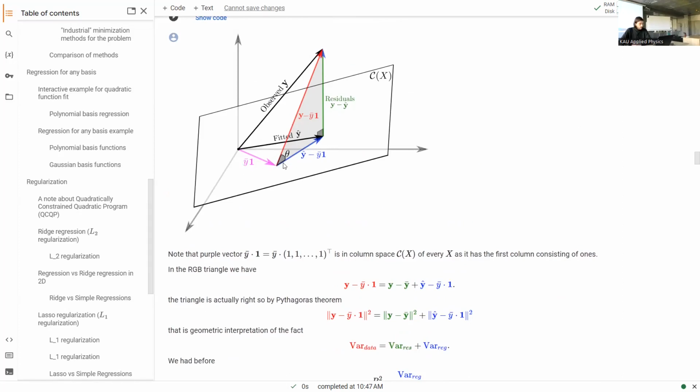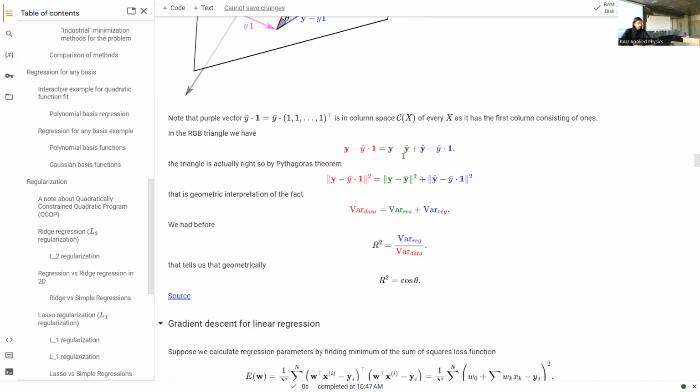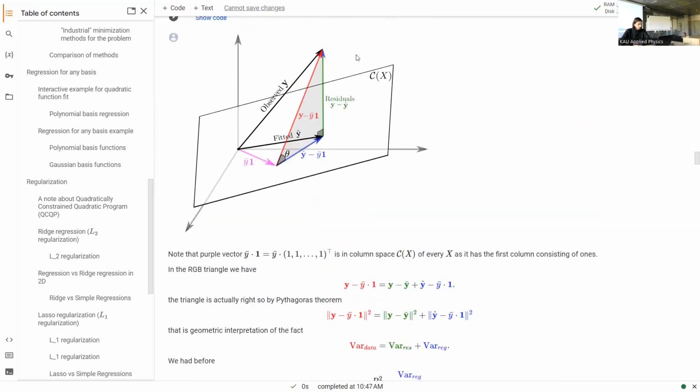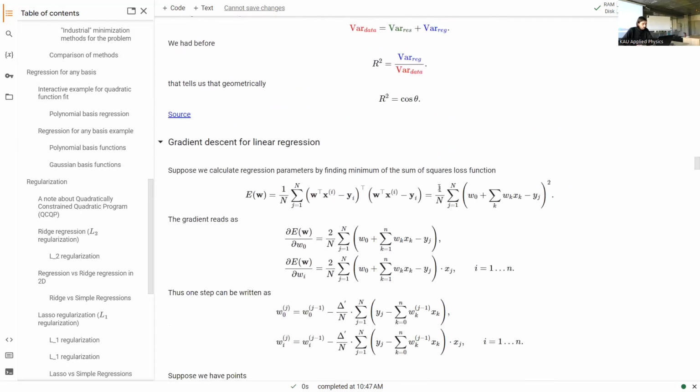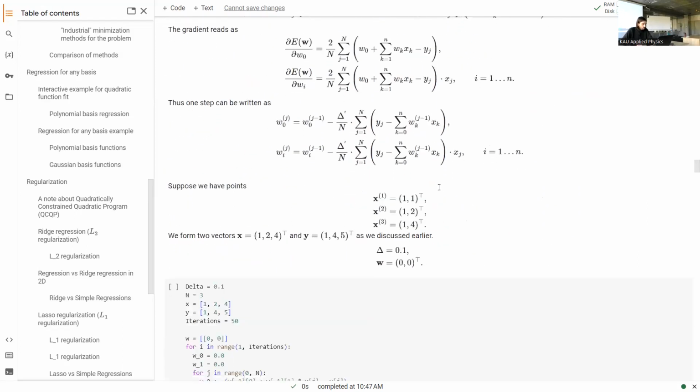This angle theta that you see here, the cosine of this angle theta, that will be our R squared. Of course, once again, I remind you that I'm using the same points that I used to get the fitted y for calculating that R squared. Otherwise, of course, you can get something very different. But in this case, it's equal to the cosine of that angle.